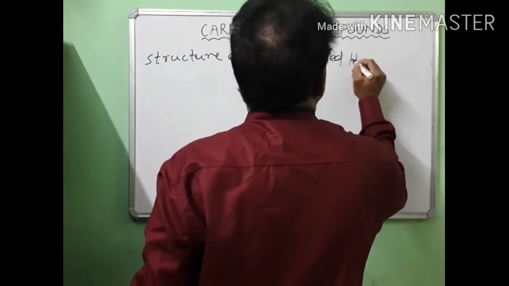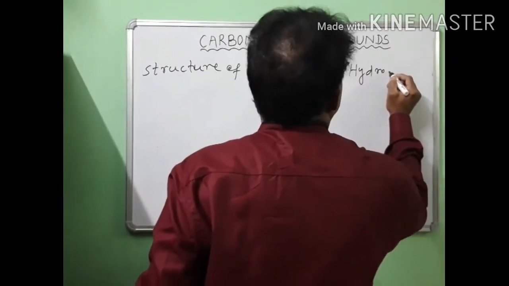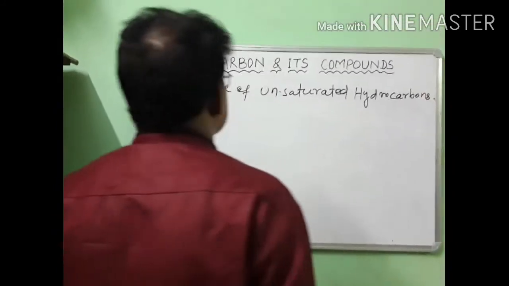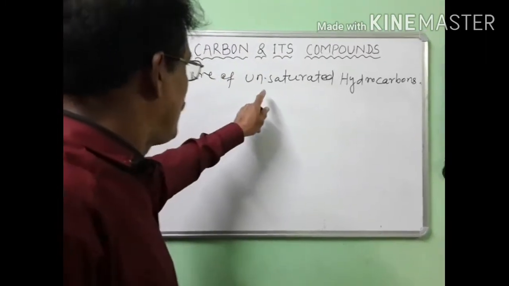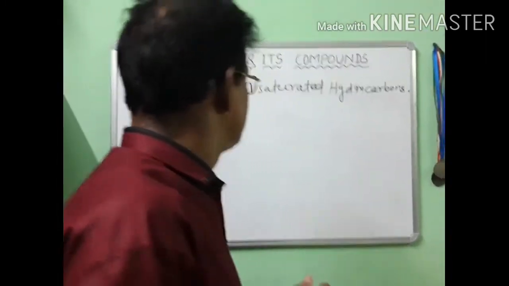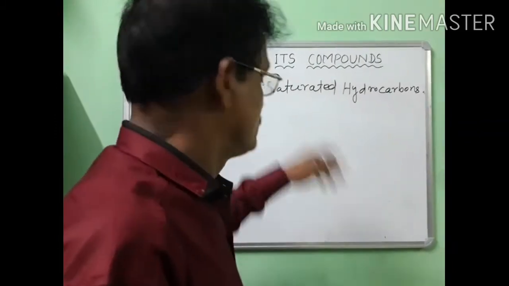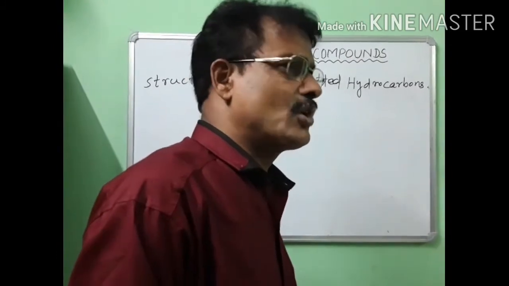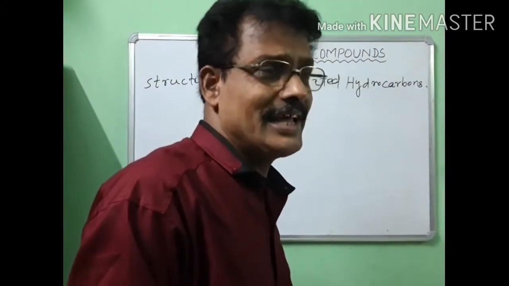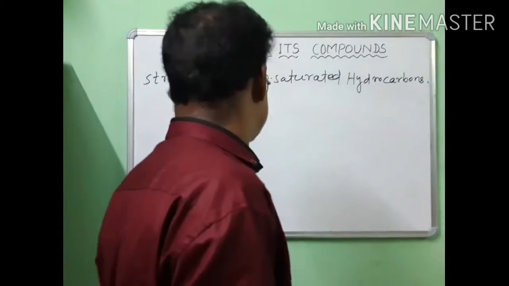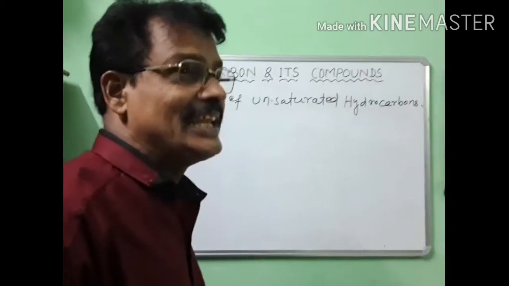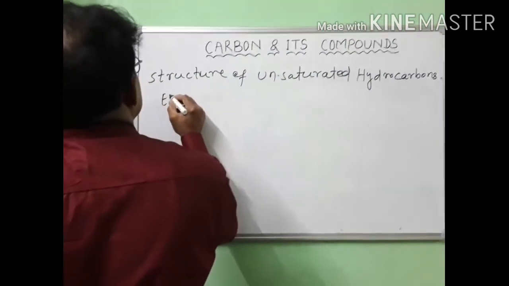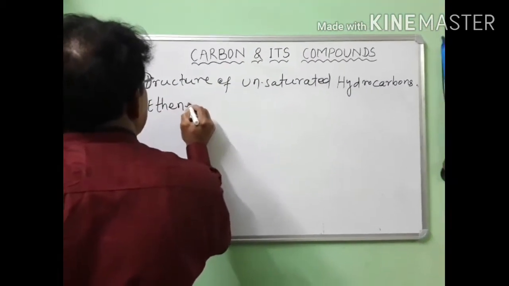Unsaturated hydrocarbons means the groups are alkenes and alkynes. First, ethene, an alkene.